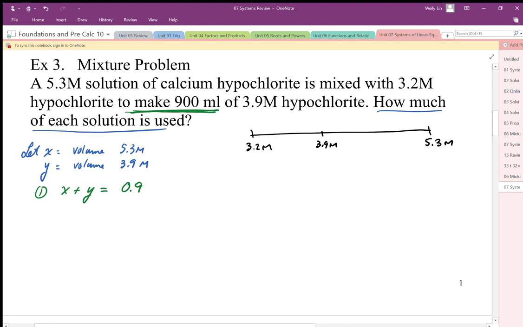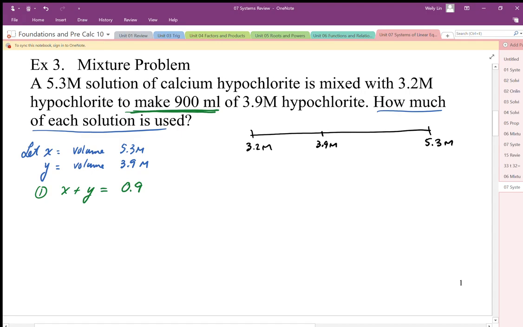The reason I turn this to liters is that the units of molar solution are moles per liter. If I multiply this by liters, I get the number of moles, the actual amount of this calcium hypochlorite.